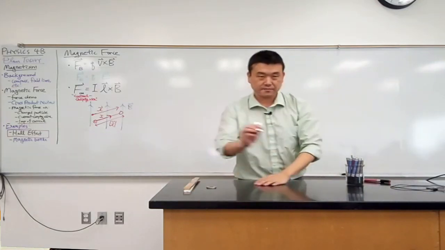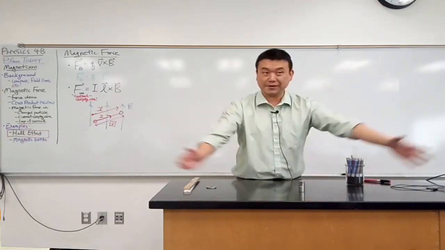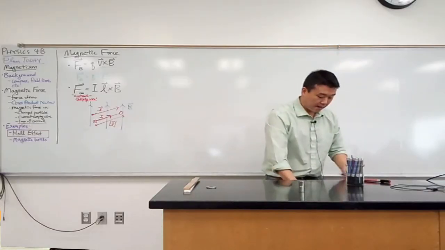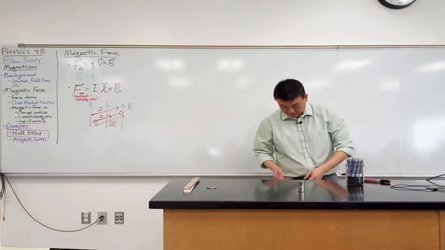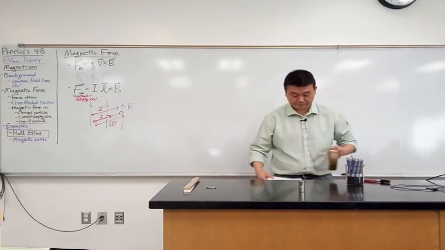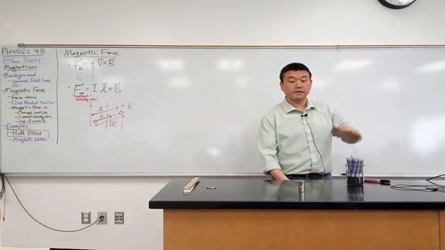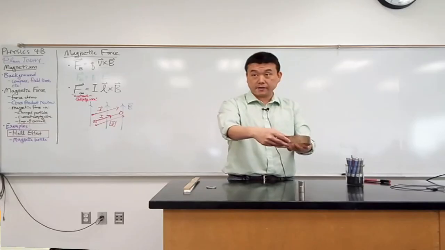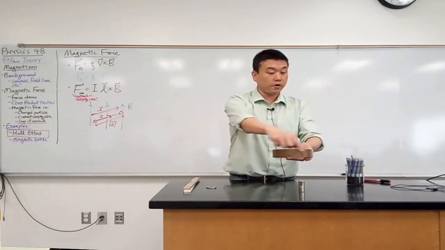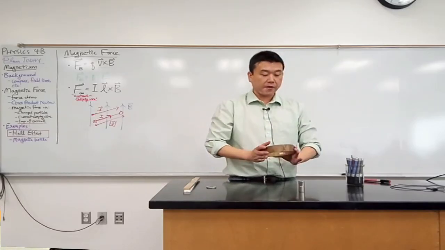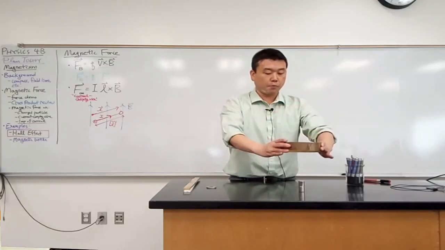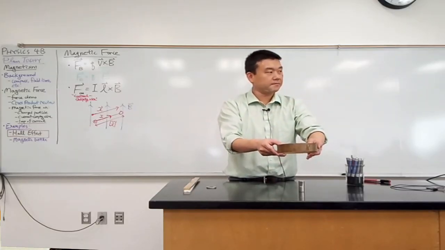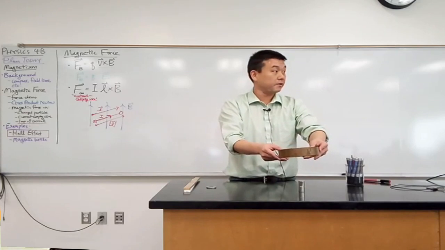I have this magnet sitting here. Imagine it's a much bigger magnet that's producing a magnetic field pointing up. And what I could have is a current carrying loop. I could cut off a section of it, attach a battery there, so there's a current flowing around in a loop. Now, if I place this loop over that magnetic field, what kind of interaction do you expect to see between this loop and the magnetic field?